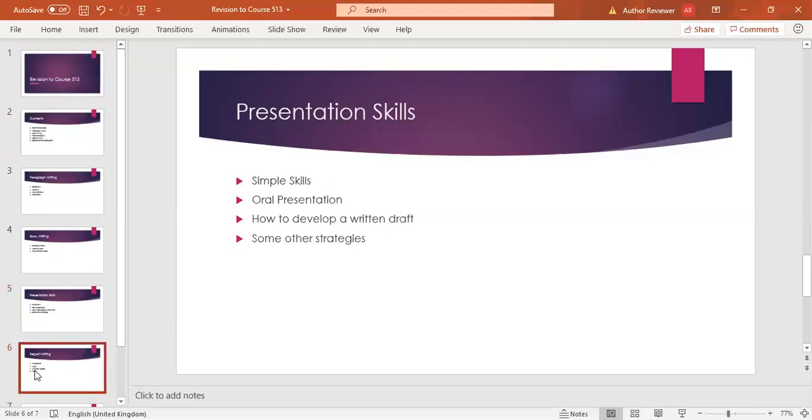After presentations, we discussed the topic of report writing in detail. I introduced it and defined it differently. What are the opinions of scholars about report writing?